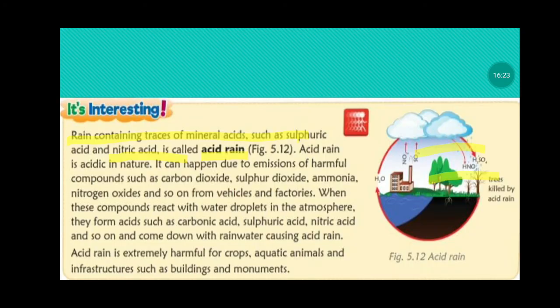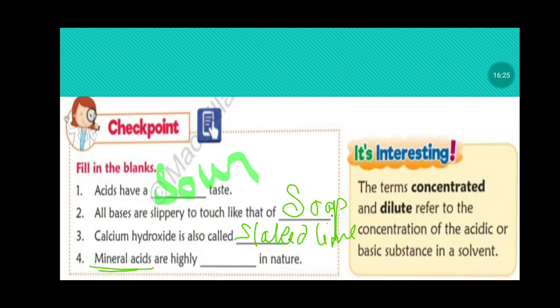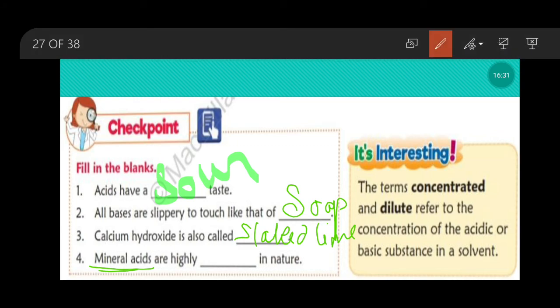Of course, all acids are corrosive in nature. You can write highly corrosive in nature.